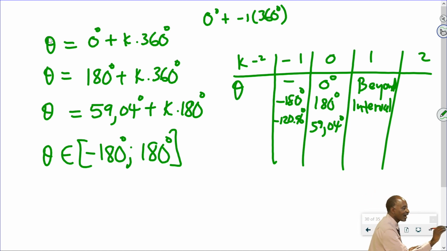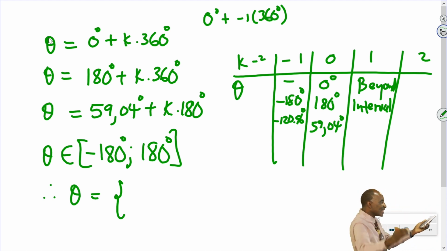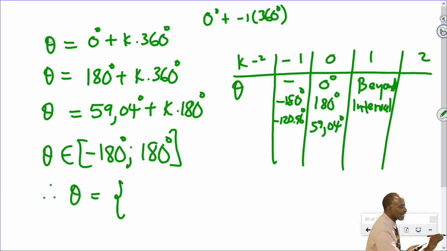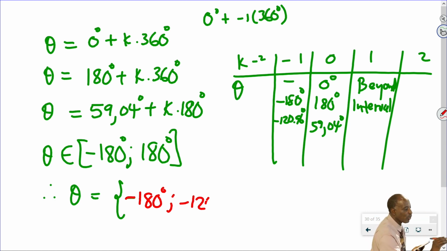Therefore, our solution, theta, we collect all those that are within our interval. I see -180 degrees is in. I see -120.96 degrees is in.